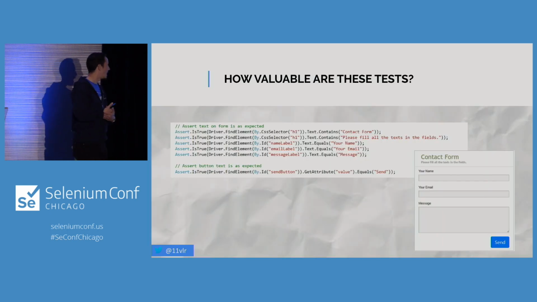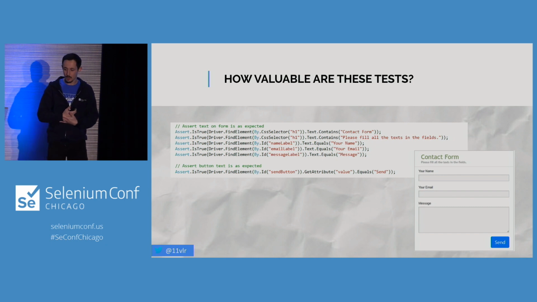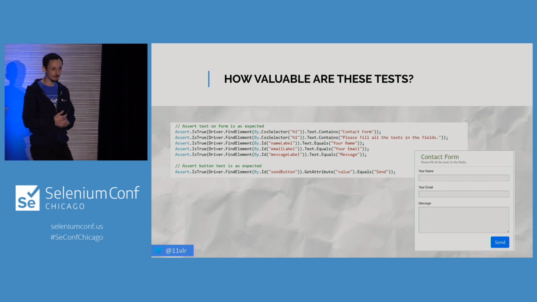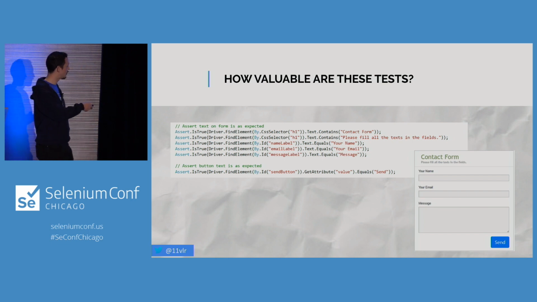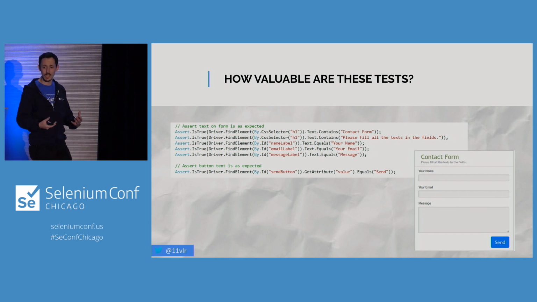So I want to ask, how valuable are these tests? So apart from end-to-end testing, if you had to just get onto this page and check out, write these tests, how valuable are they? What they're actually doing is C# code that is just finding the H1 element, checking the text, and we've got a few different checks. All it's doing is checking the text.